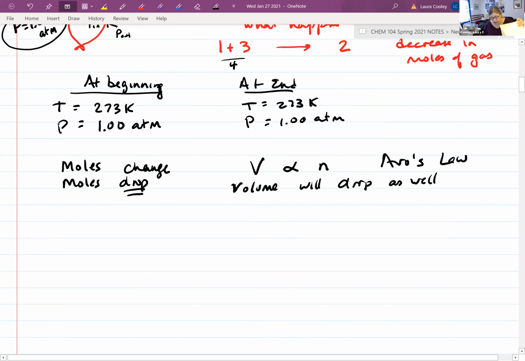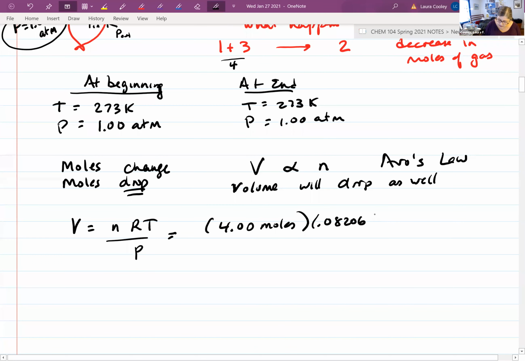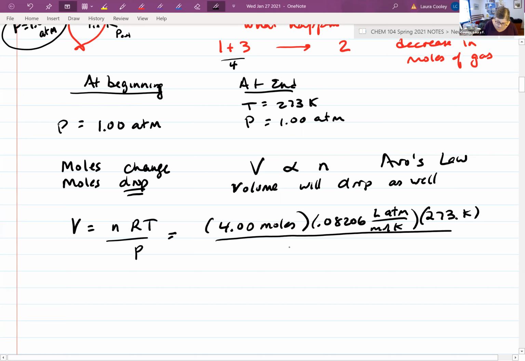So if I calculate the initial volume, V is nRT over P, and I have 4 moles times 0.08206 liter atmospheres per mole Kelvin, times 273 Kelvin, over 1 atmosphere.